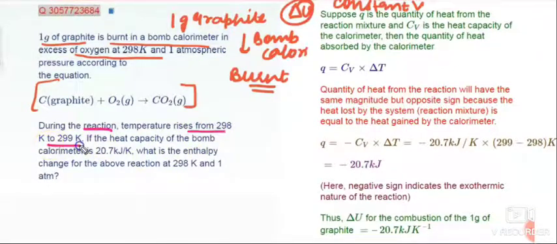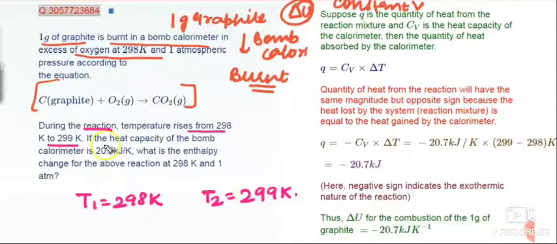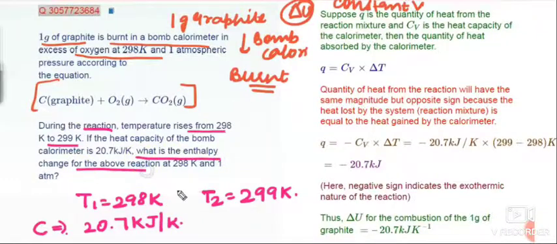During the reaction, the temperature rises from 298 to 299 Kelvin. So what is delta T? The initial temperature is 298 and the final one is 299, so the difference between T2 and T1 is delta T. The heat capacity of the bomb calorimeter is given as 2.7 kilojoule per Kelvin.